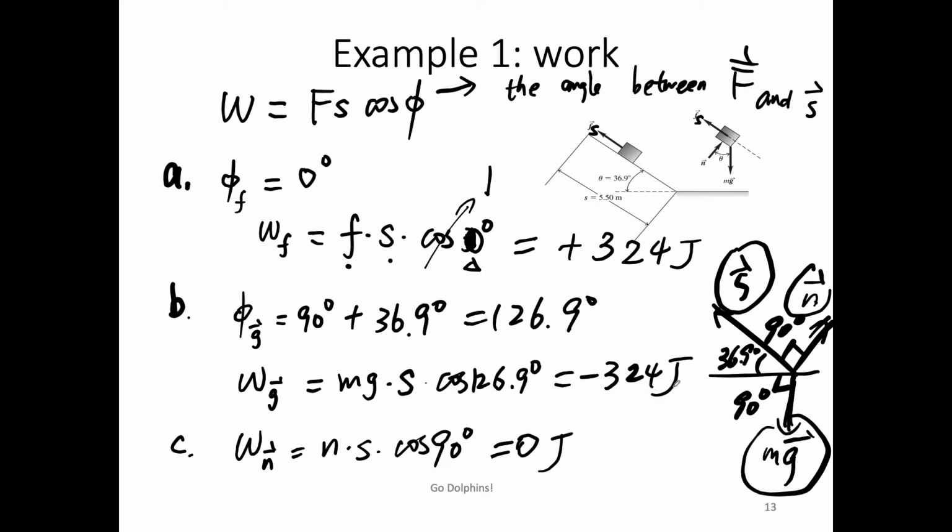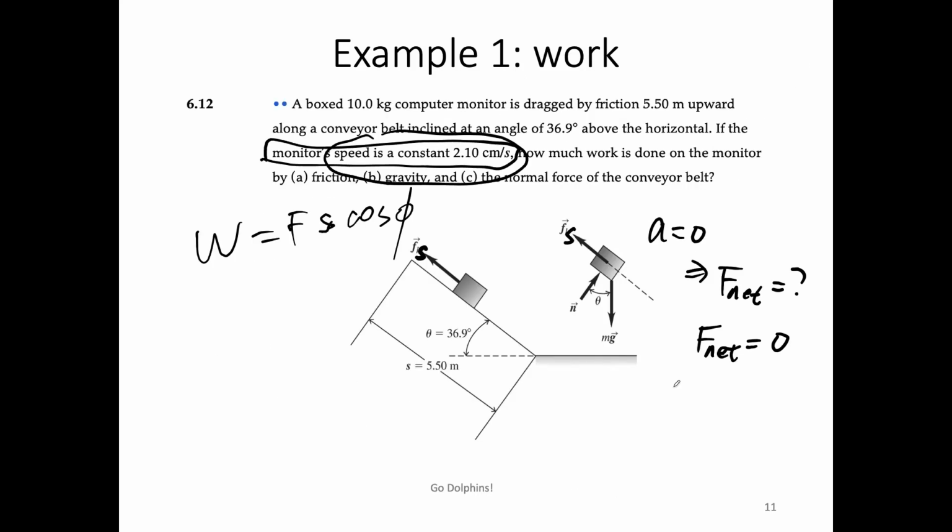Okay, now this is for the scenario where the belt lifts the object up. So I want you to think now, if you do have a belt and your object is sliding down, so your S is going to be pointing down along the slide.